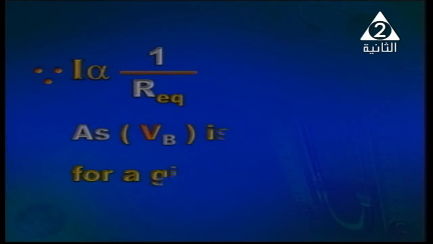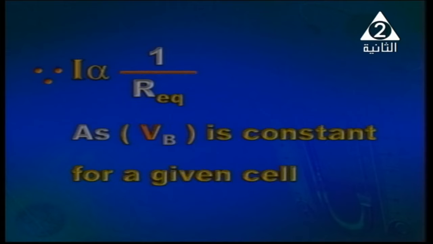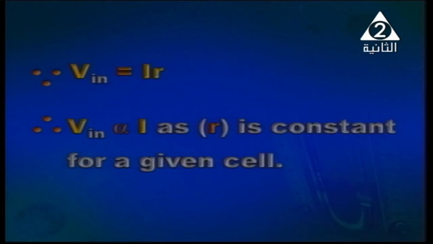Since V internal is calculated by Ir, and small r is constant, V internal is directly proportional to the current, and the current is inversely proportional to the total resistance.